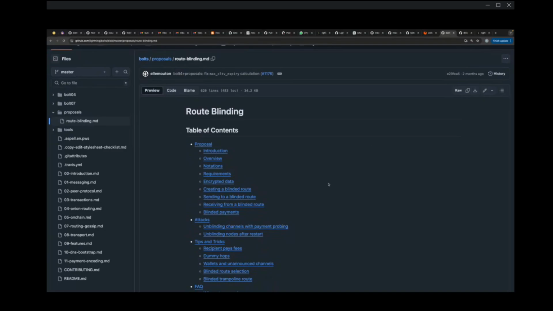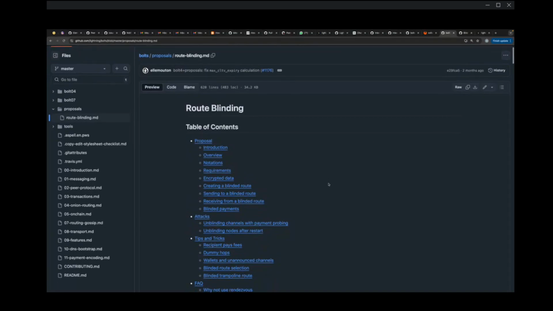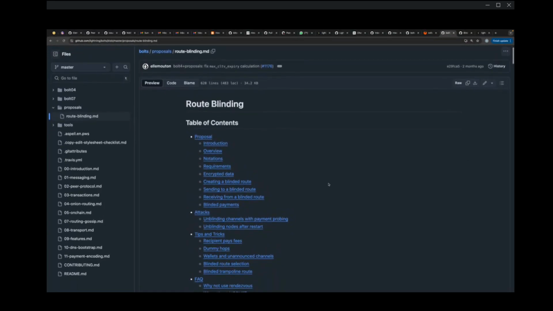Okay, I have a question, Aditya. In our example, we're considering that L1 is paying an invoice that has been generated by L4 and routing it via L2, L3 and L4. Before this process starts, L4 will create a pre-image, hash it, and share the hash of that pre-image with L1, right?